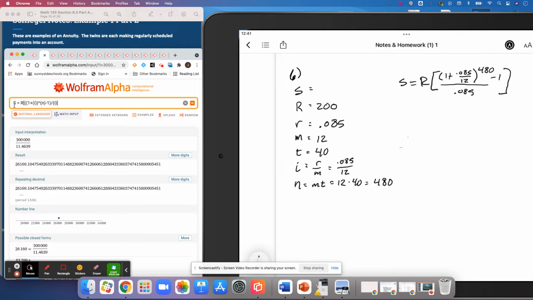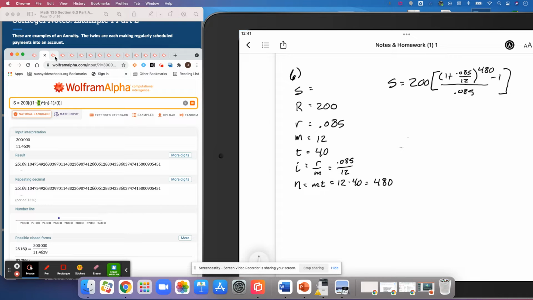And so we do have some values to put in there. Let's put them in the formula. I actually should just do this over here really quickly. So S equals 200.